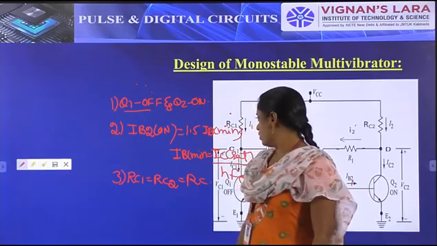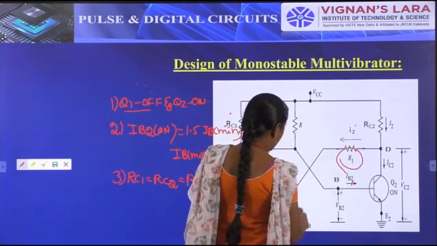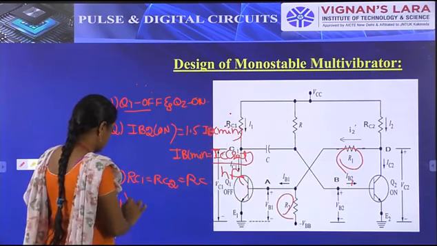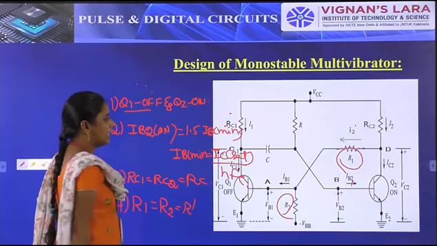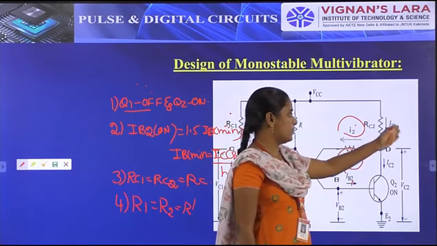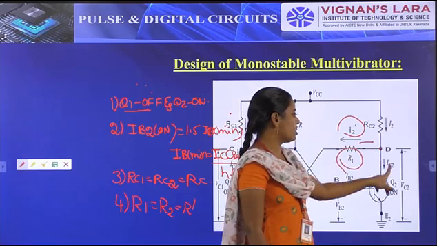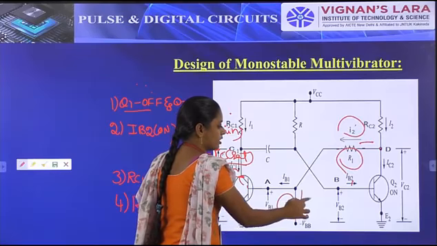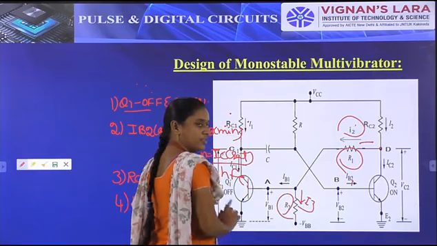And the fourth assumption is R1 is equal to R2, which is equal to R dash, and this I2 dash current will be ignored. As we know, here the current splitting is like this: I2 up to this point, here it splits into I2 dash and IC2, and then goes to I3. Here also I1, I1 dash and IC1 like this.